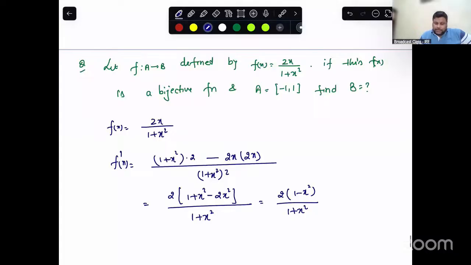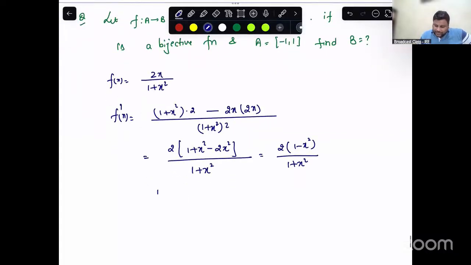Correct? Now if x lies in -1 to 1, which is my domain in this case, this f dash x is going to be more than 0.